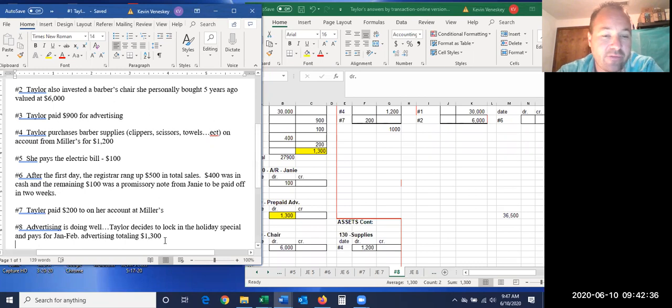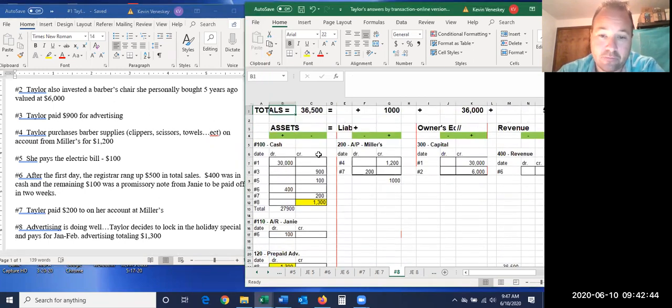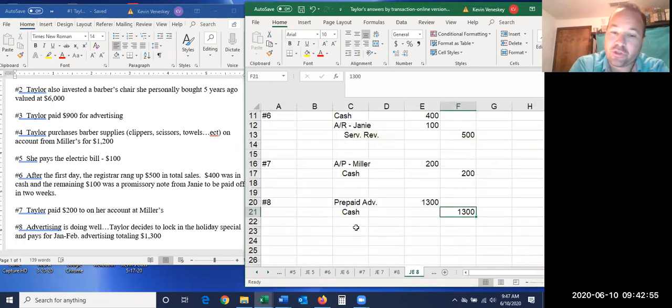And then I asked myself the second question, why did I get the rights to the advertising? I got the rights to it because I paid for it. My cash went down. That cash went down $1,300. Go ahead and put this into our journal entry, debiting our prepaid advertising and crediting cash.